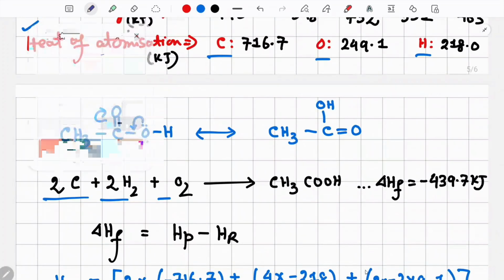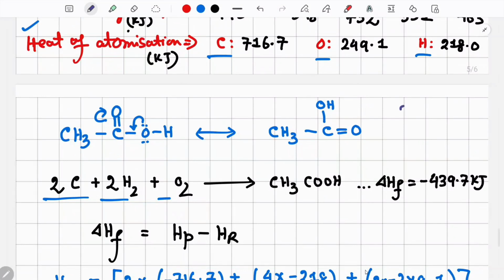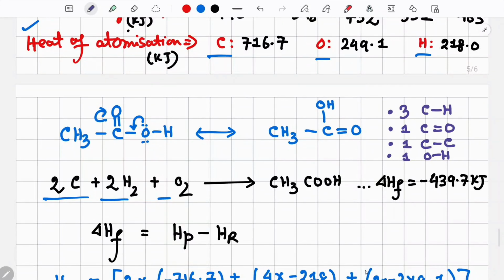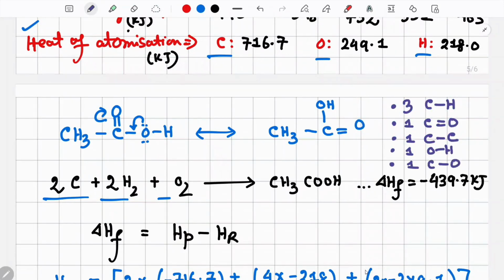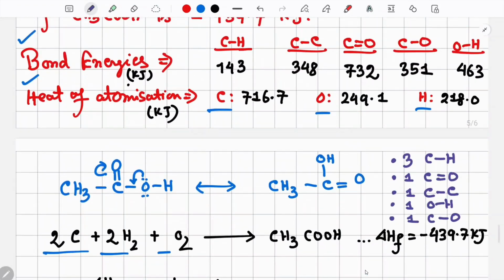Here, how many CH bonds are there? 3 CH bonds. Yes. One CO bond, one OH bond, one CC bond, one CO single bond and one OH bond. Okay, and all values are given.